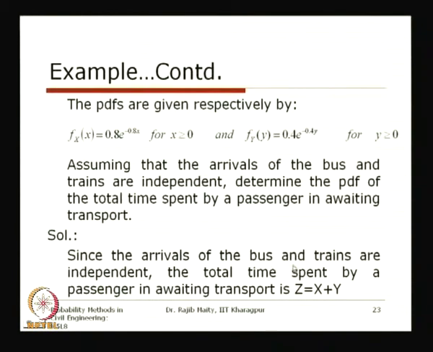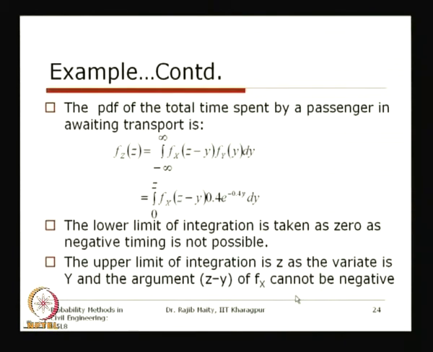Since the arrivals of the bus and train are independent, the total time spent by the passenger waiting for transport is z equals x plus y. So this is a new random variable z, whose nature we are looking for. What should be the PDF of this z? Now, this is even simpler, because we have considered that these are independent.